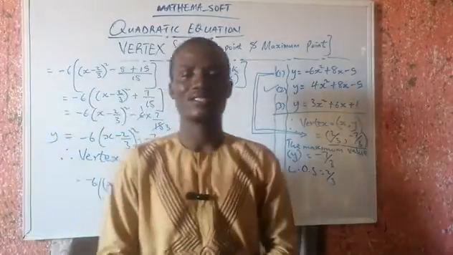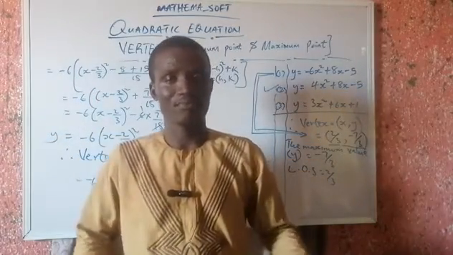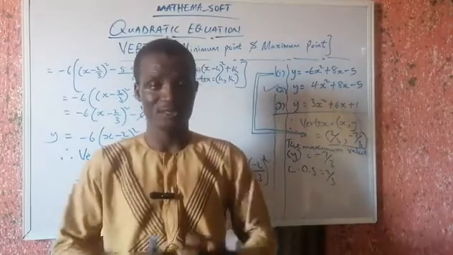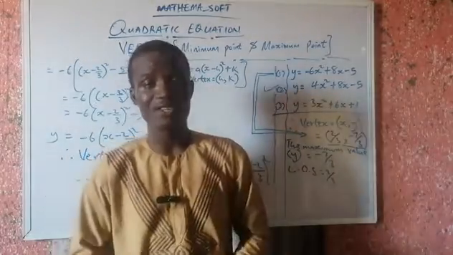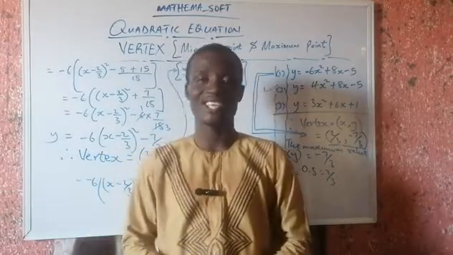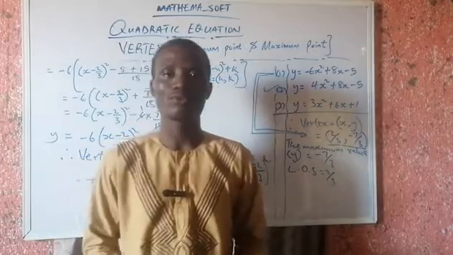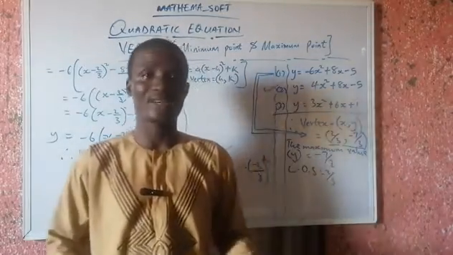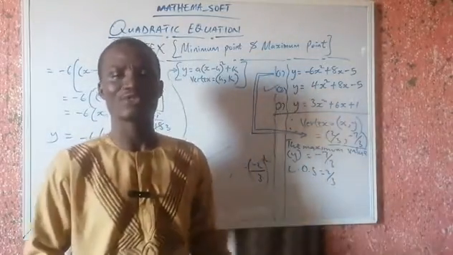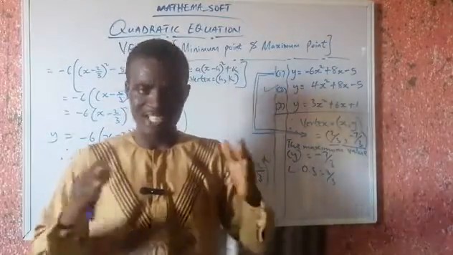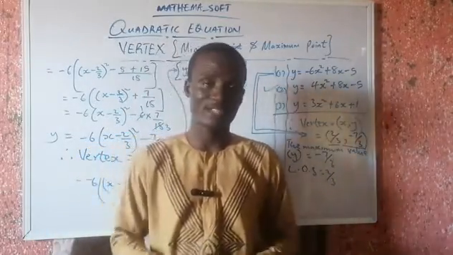Especially if you are writing an examination that is theoretical based, where you need to actually show your workings, or such as A-level examination, WAEC, GCE, NECO, those people that are also writing further maths, they may ask you to actually do something like this. So it's very good for you to understand the two methods as I've explained.